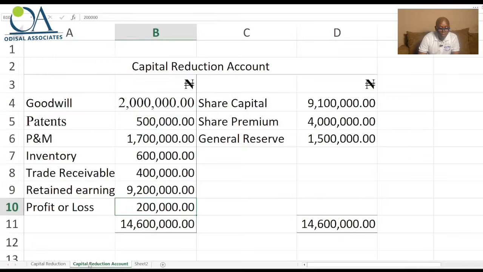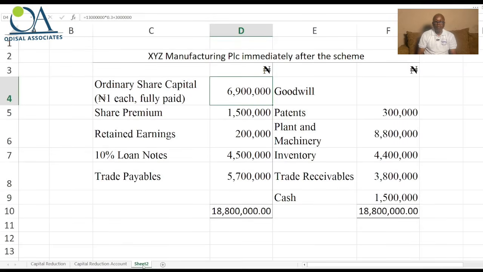So when we remove 9.1 million, we have 3.9 million. 9.1 is 70% of 13 million. We have 3.9 million after we remove 9.1.